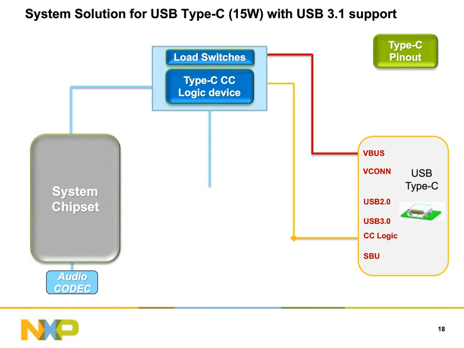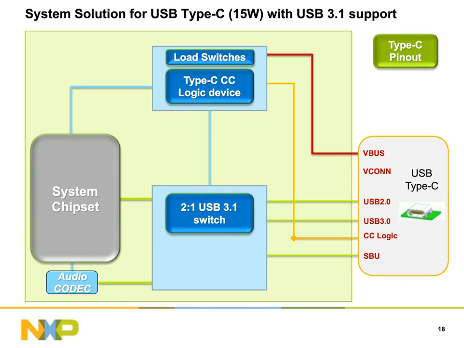Again, you can definitely use the load switches for your device protection from any overvoltage or overcurrent situation. And on the data path, because you are using USB 3.1 lanes, which are the high-speed lanes, you will need a switch. So you can use a USB 3 2-to-1 switch to account for the flippability of the Type-C plug.